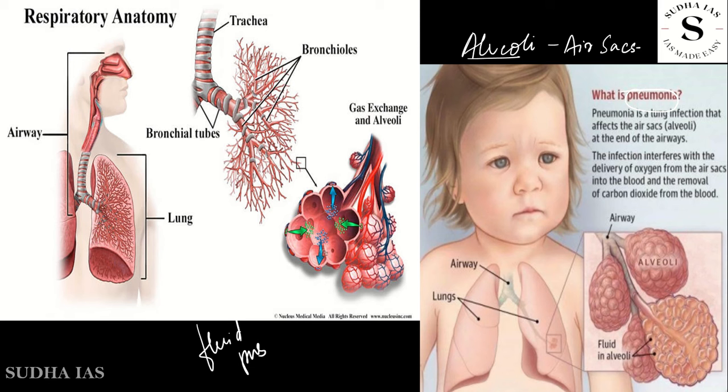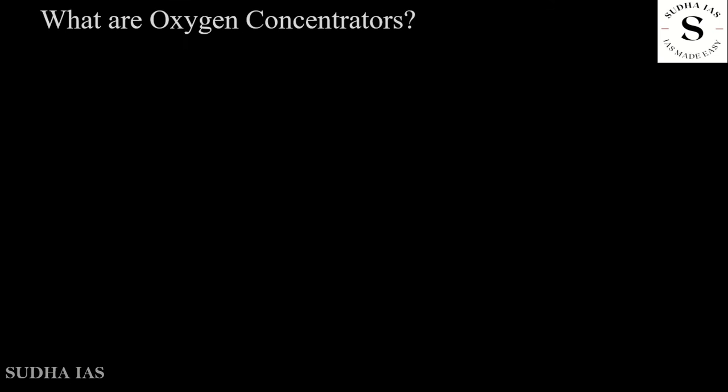A wide variety of organisms, including bacteria, viruses, and fungi, can cause pneumonia. Hence, you might have to supply pure oxygen to reduce the burden on the lungs. This is when you might need an oxygen concentrator.